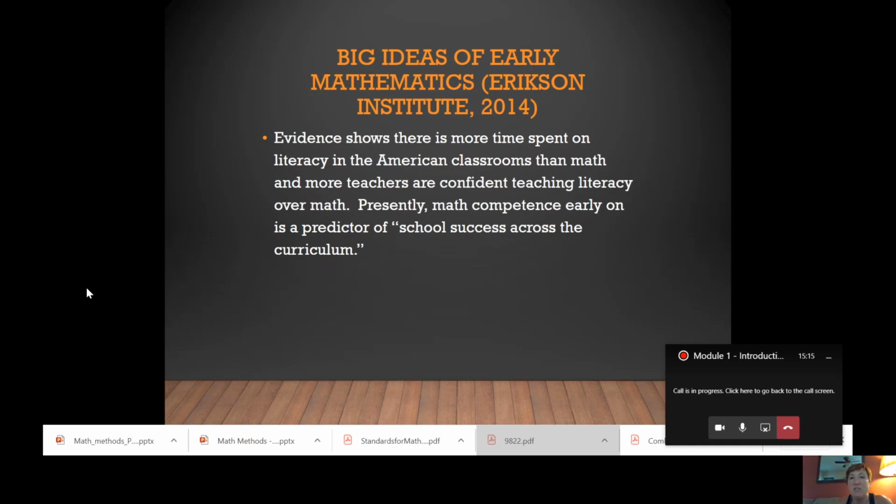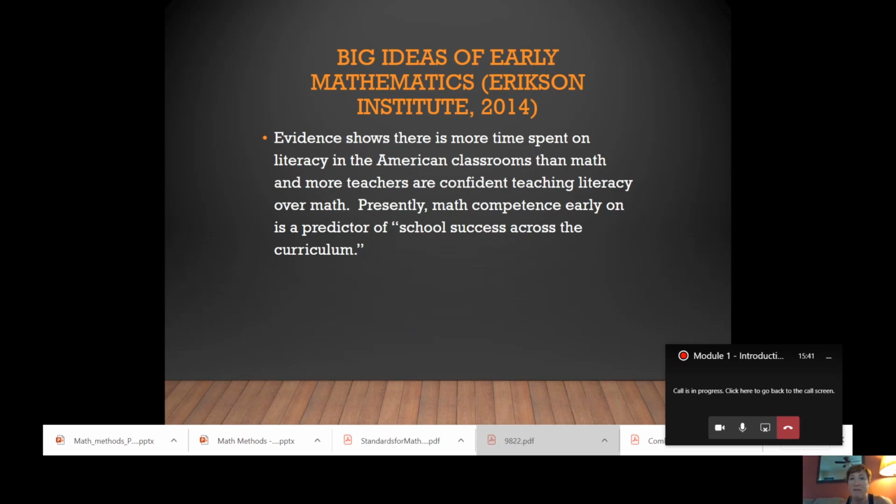So the Erikson Institute created these big ideas of early mathematics. Evidence shows there is more time spent on literacy in American classrooms than math, and more teachers are confident teaching literacy over math. Presently, math competence early on is a predictor of school success across the curriculum. So the Erikson Institute wants to change that.